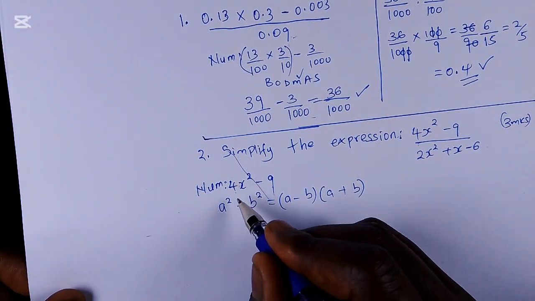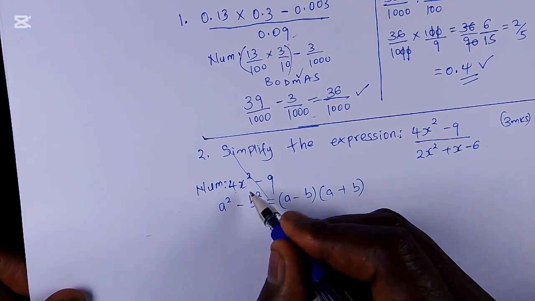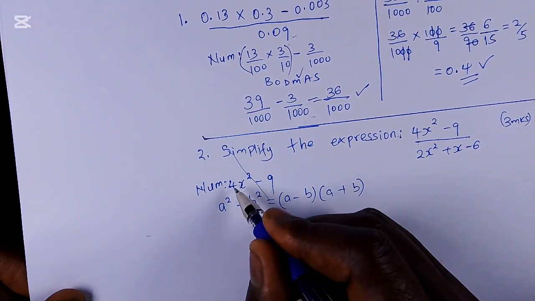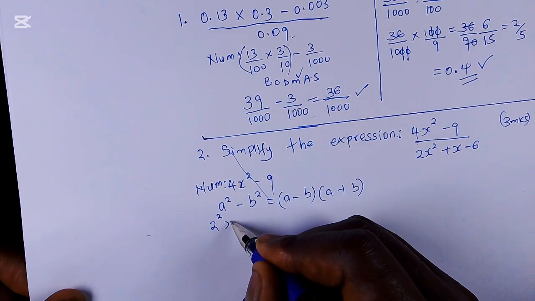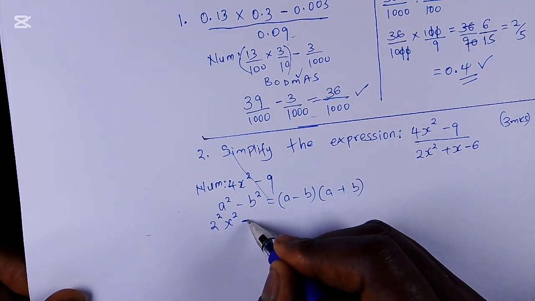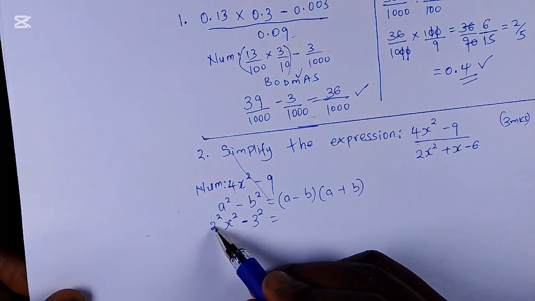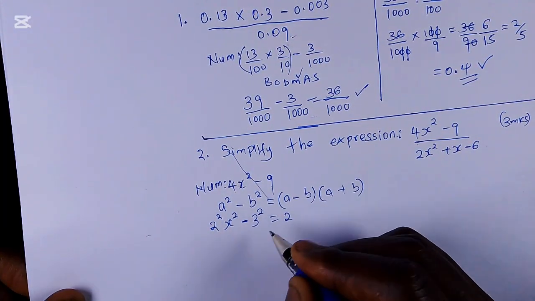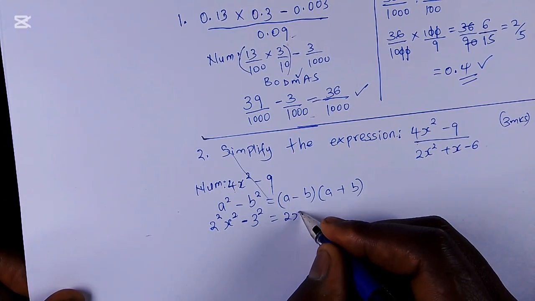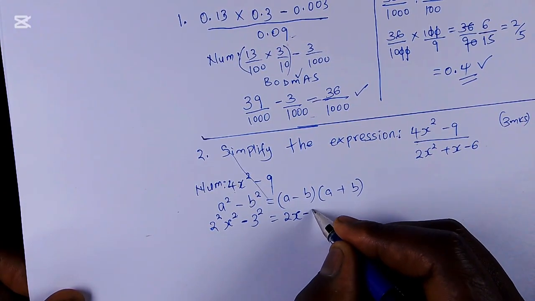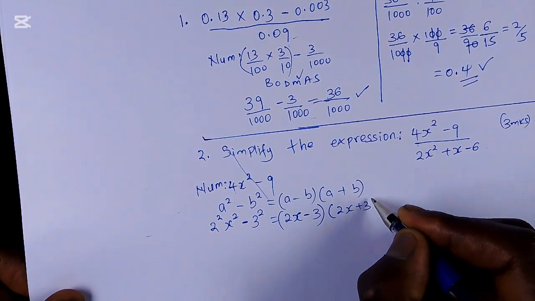By having that, 4x squared is the same as saying 2 squared x squared, so we have 2 squared x squared minus 3 squared. The square root of 2 squared x squared is 2x, so we have 2x minus 3, then the conjugate is 2x plus 3.